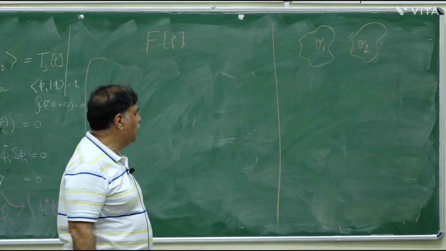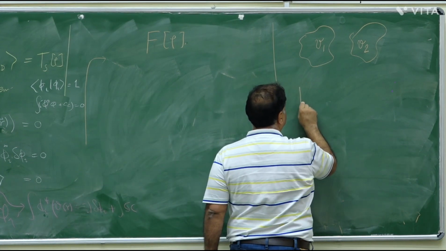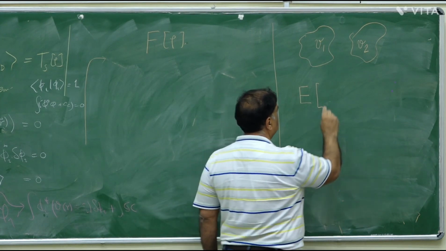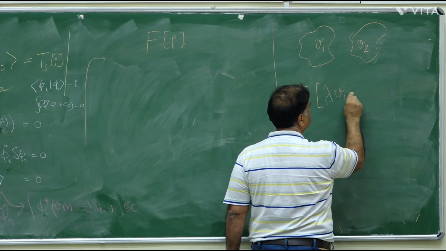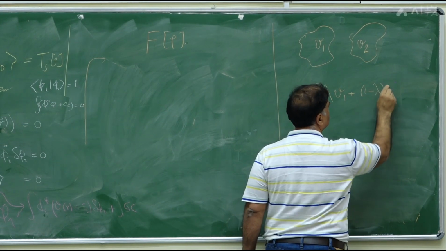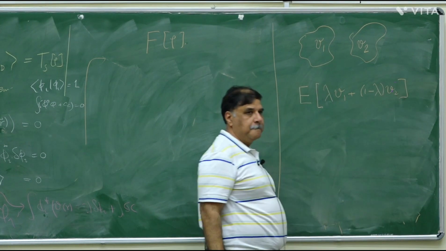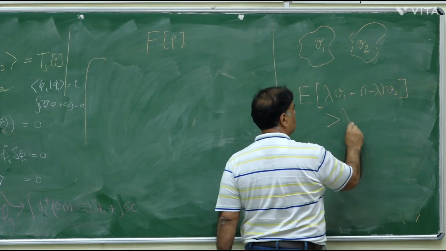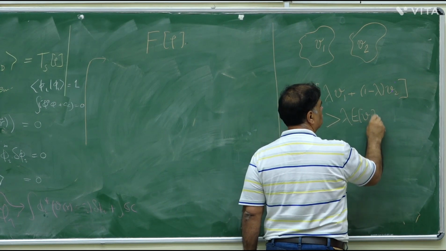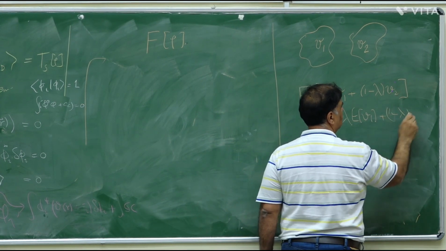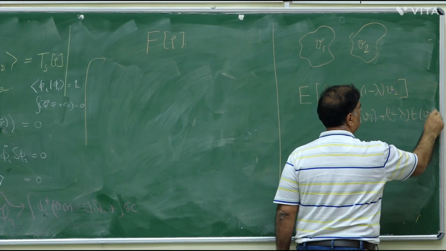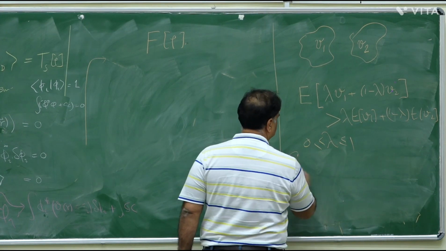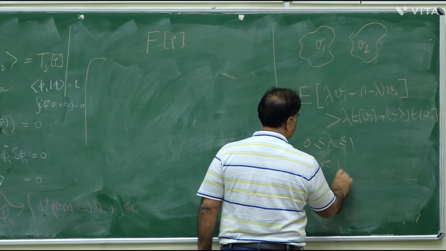Then the energy of a system with lambda V1 plus (1 minus lambda) V2 is necessarily greater than lambda E[V1] plus (1 minus lambda) E[V2]. Lambda lies between 0 and 1. This is called the concave property.